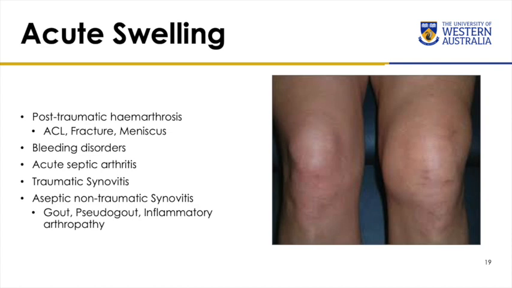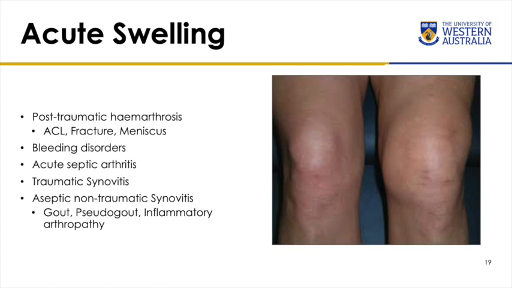Pictured, you see a patient with an acute left knee swelling. Swelling which is immediately after an injury usually means there is blood in the joint or a post-traumatic hemarthrosis. The knee is very painful and feels warm and tense. Movements are restricted.